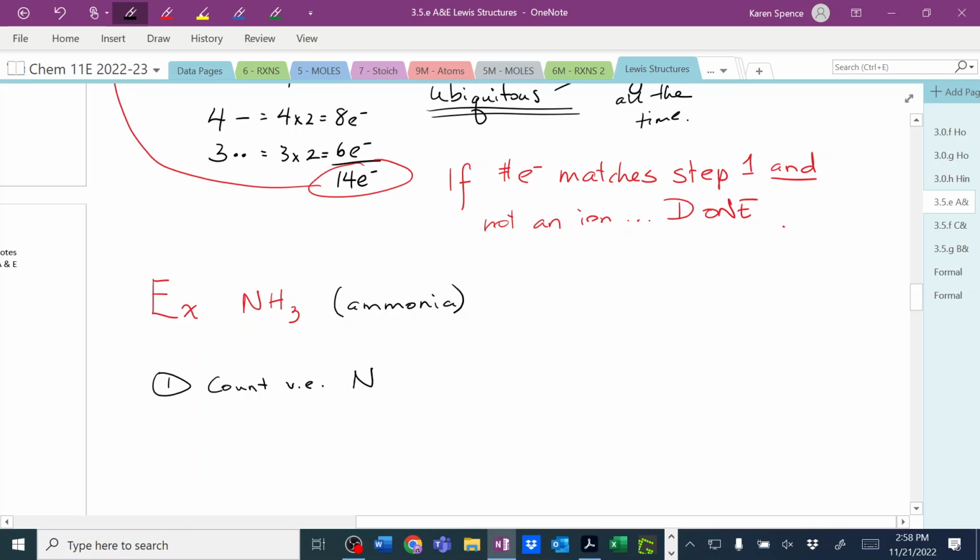How many does nitrogen have? 5. And hydrogen has 3 times 1, so we have 5 and 3 gives us 8. What would our skeleton structure look like? Does it matter where I put the lines? Can I put it up top, or should I put it at the bottom? It really doesn't matter. I'm going to do it this way just for now, but it doesn't matter.